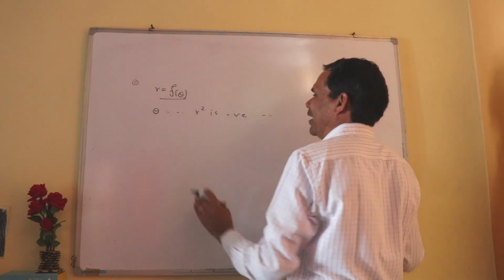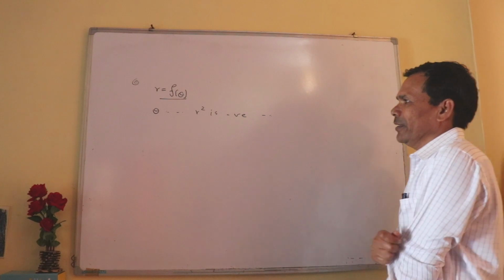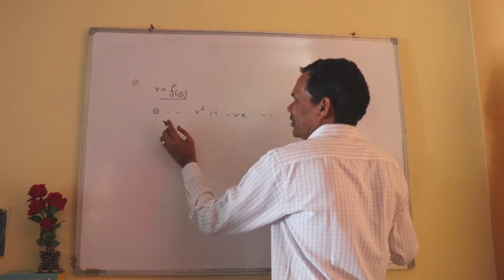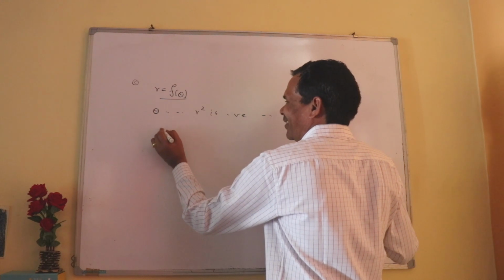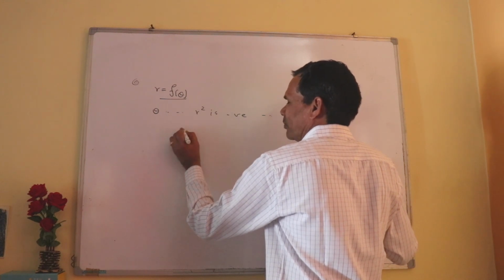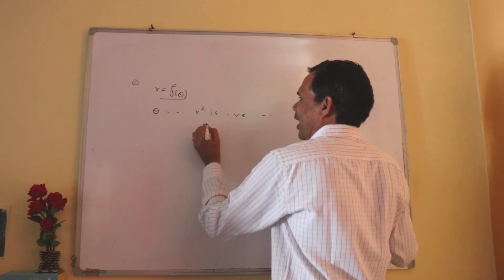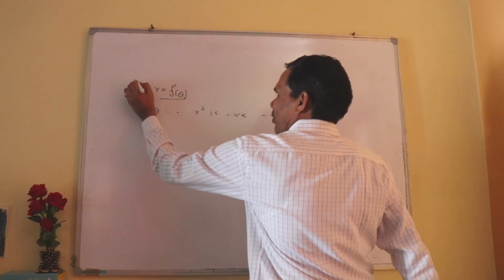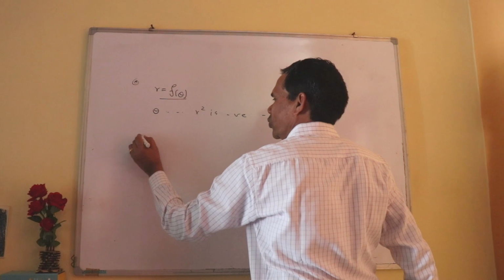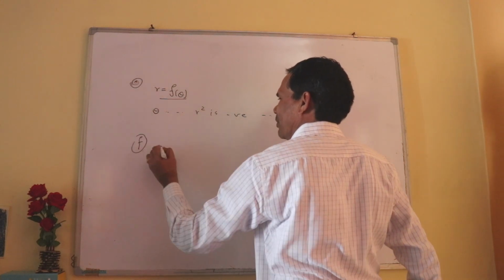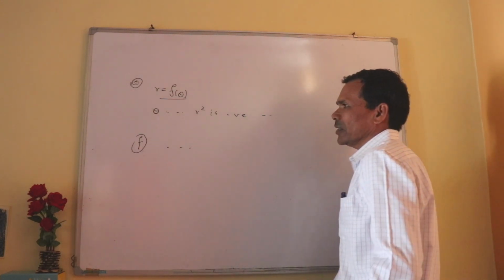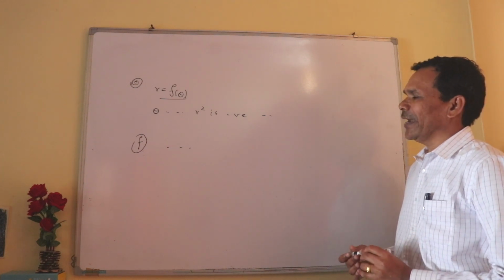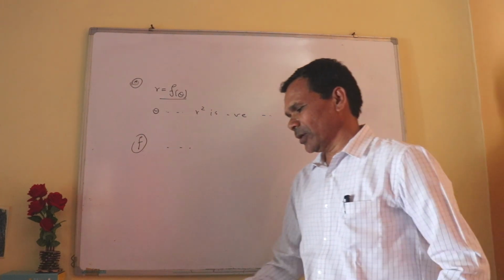So you have to determine the values of theta, and this is the region of existence, confining the values of theta for which r exists. Finally you need to have the approximate shape of the curve by discussing all these, taking into consideration from A to E, and get the approximate shape of the curve.